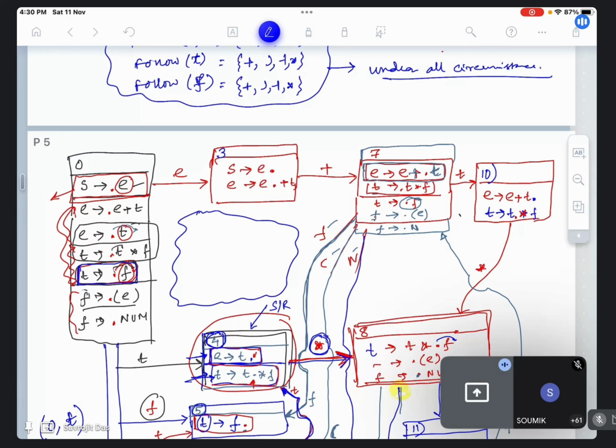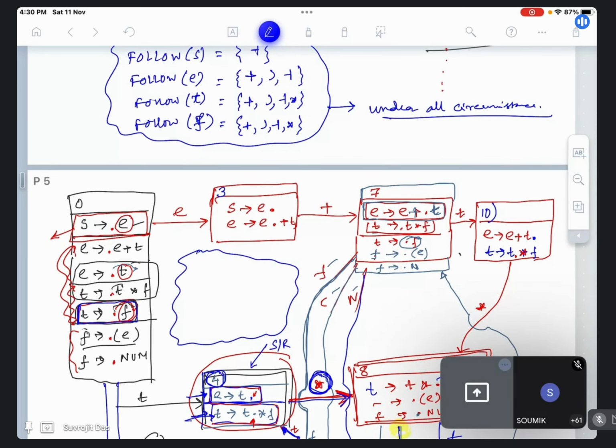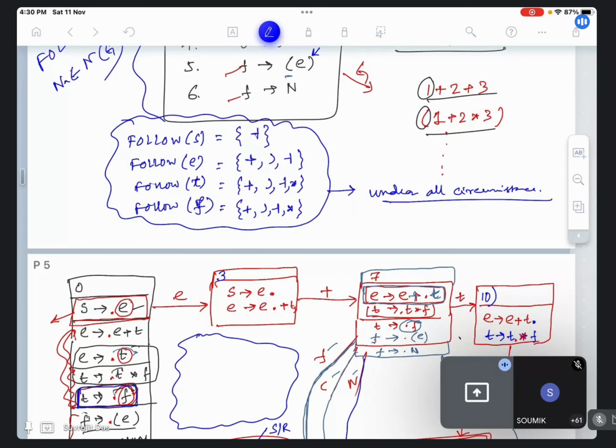So if you decide that you will reduce when you see a star, that means star is the symbol that you are expecting after E, because E is now exposed. So you have to check whether follow of E has a star.